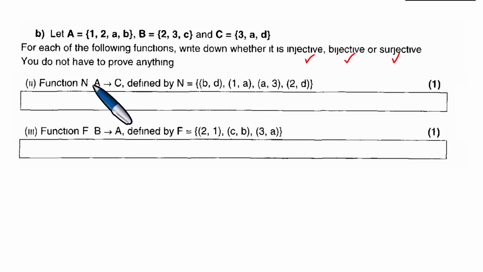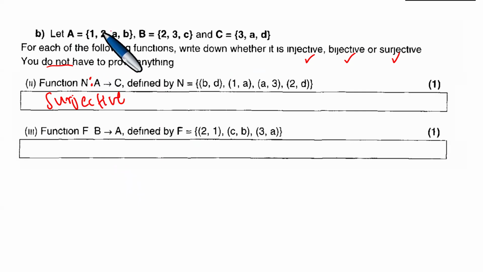Let us look at this function here. There's a function that is mapped from A to C, but the examiner is clear: do not prove anything. Here, you just need to state the property of this particular function. And let us look at this together. This function is clearly a surjective function. We shall explain why it is surjective.